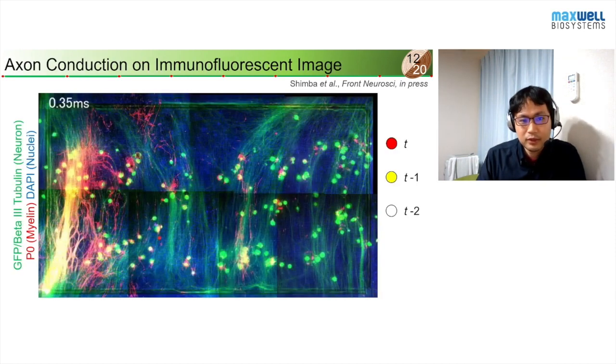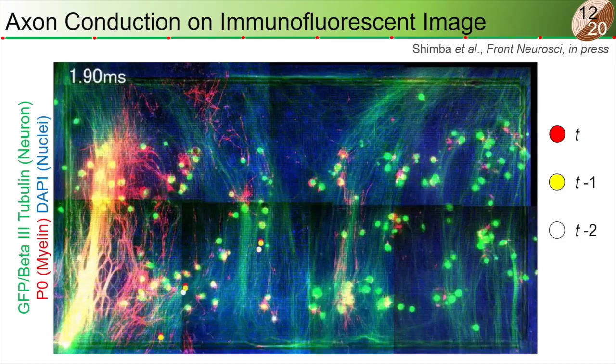Then we detected negative peaks from the two-dimensional images, and the axonal conduction and the staining results were superimposed. The green color indicates the axon and cell body of the neuron, and red indicates the myelin sheath. And for clarity, the activity 1 frame before is shown in yellow and 2 frames before in white.